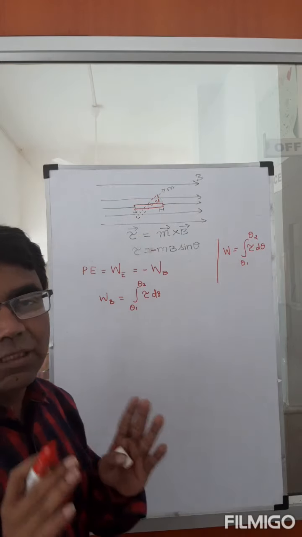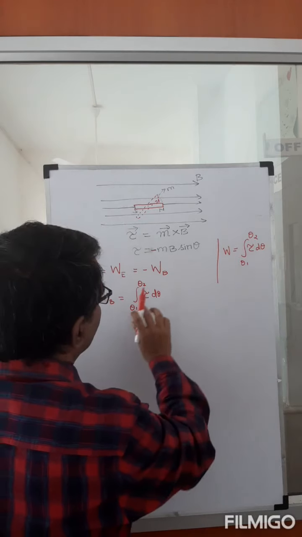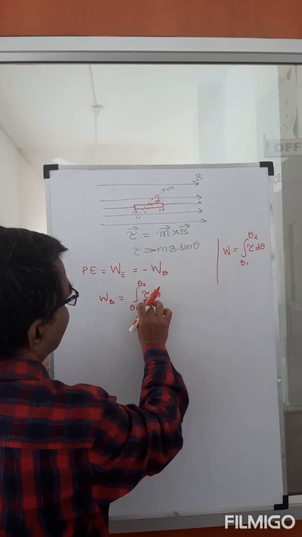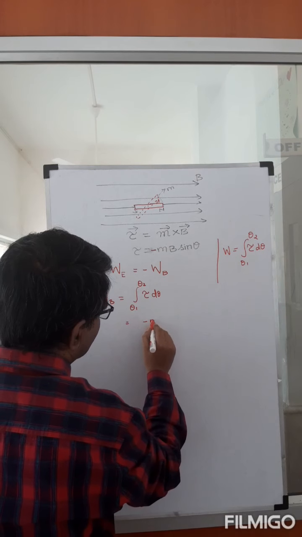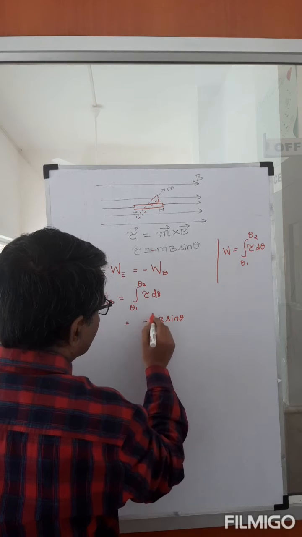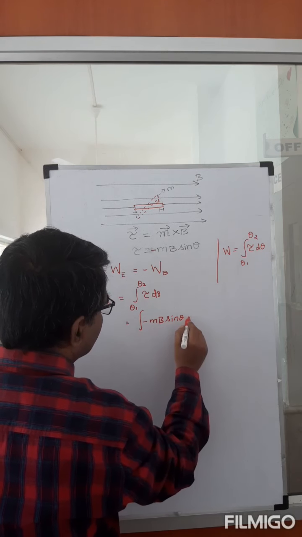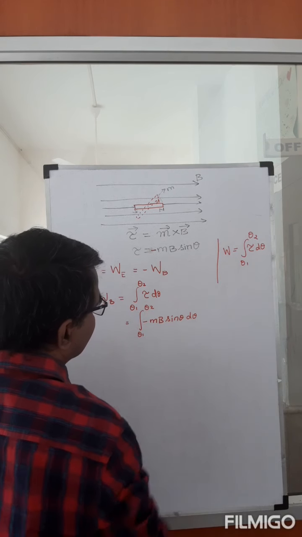So I am trying to come up with the generalized version for this. So what is this tau here? Tau is minus mB sin theta. So that's equal to the integral of minus mB sin theta d theta from theta 1 to theta 2.